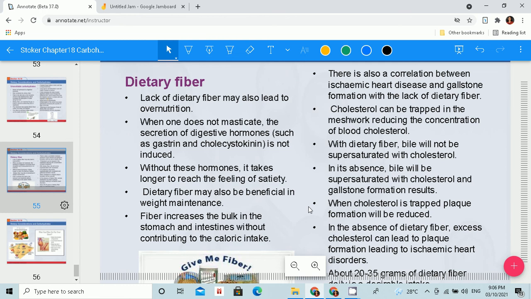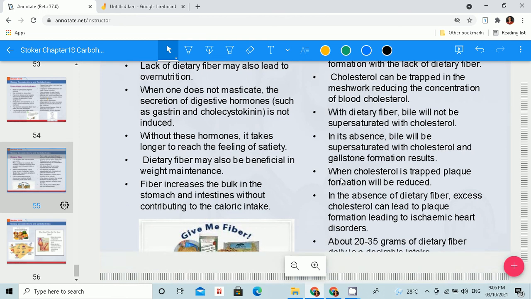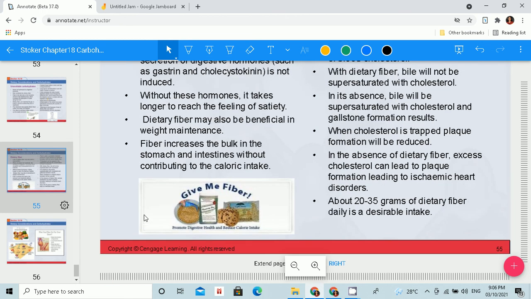And then also, okay, so these are all true. When cholesterol is trapped, plaque formation will be reduced. Okay, so in the absence of dietary fiber, excess cholesterol can lead to plaque formation, leading to ischemic heart disorders.